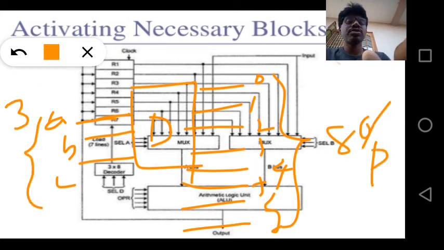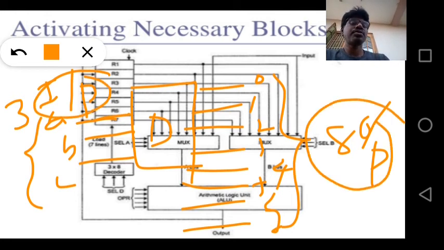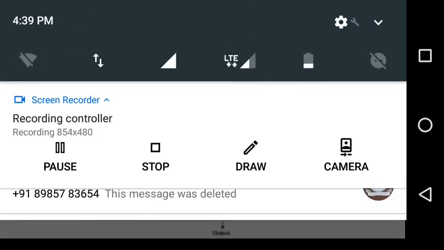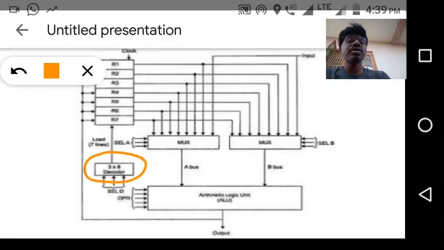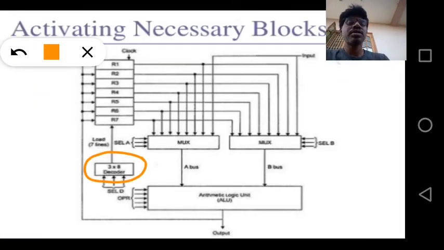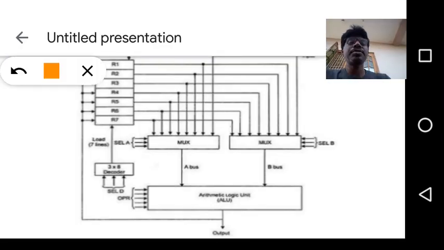So 3 inputs and 8 outputs, which is called a 3/8 decoder. So we are using a 3/8 decoder. Based on the input, it will select any one of the registers.